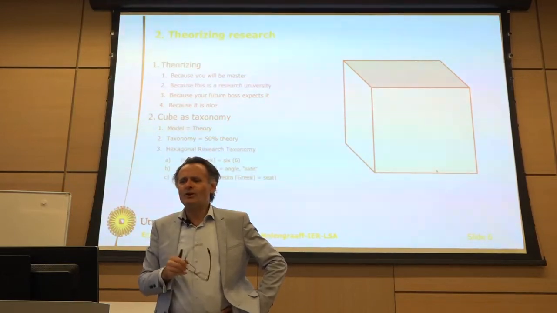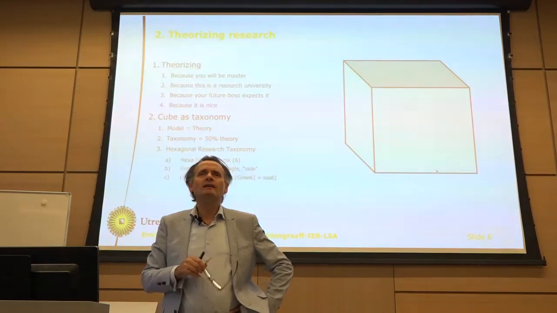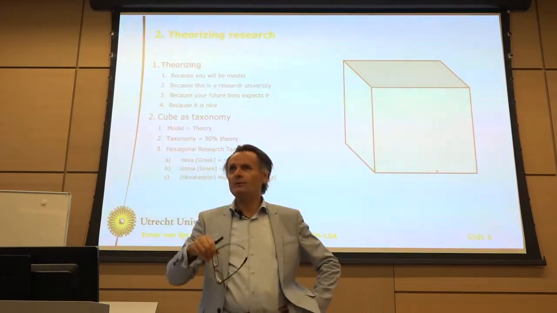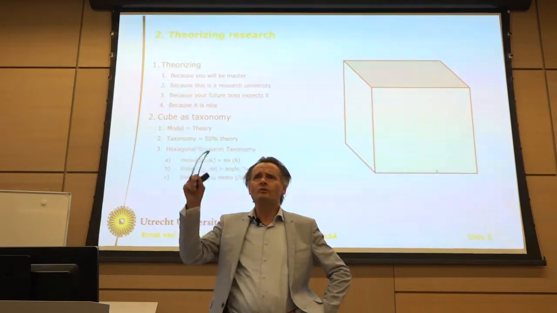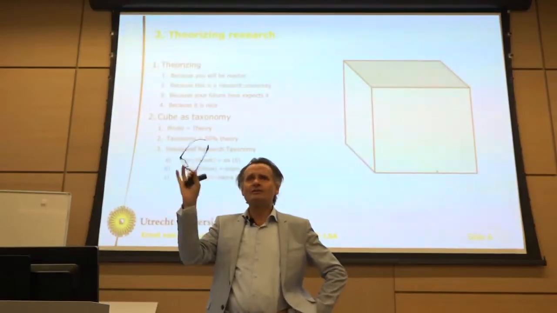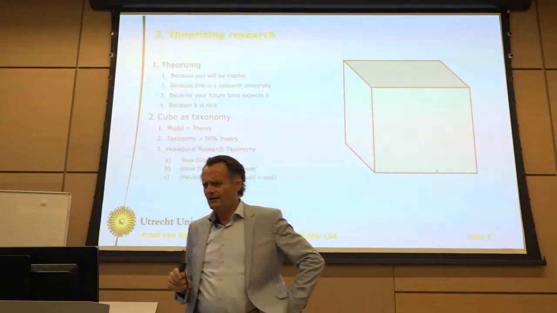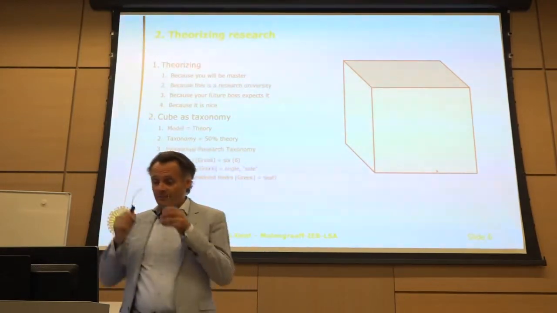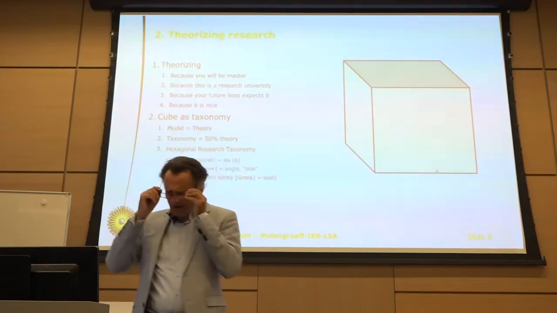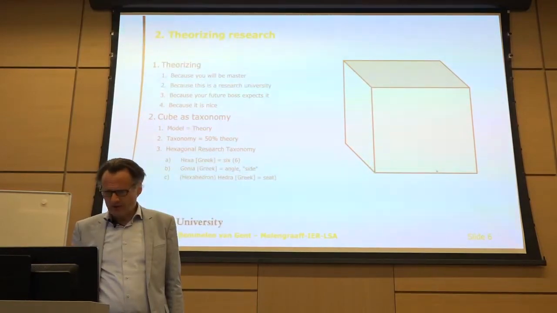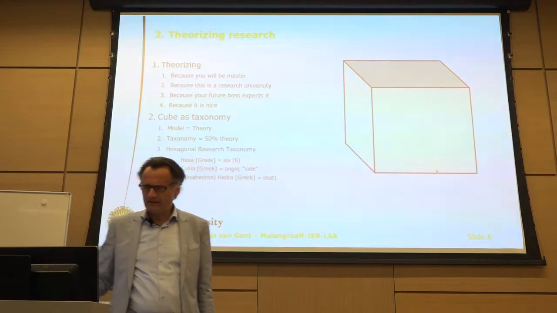So the hexagonal research taxonomy is the name I gave to the model I will share with you right now. And hexa is just the Greek word for 6. So in a cube there are 6 slates, sides, and the like. And the alternative word is hexahedron, as opposed to hexagonal, but it means basically the same.